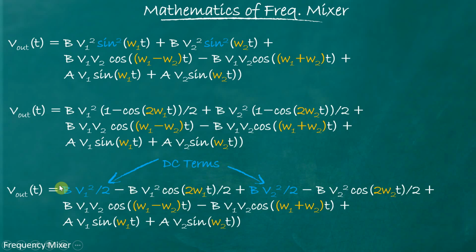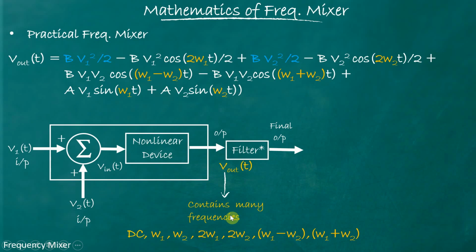Now in this equation, two terms are without frequency, meaning these are the DC terms, right. So again, for the sake of simplicity, in this equation of output voltage, can you find how many frequency components are present in this output?